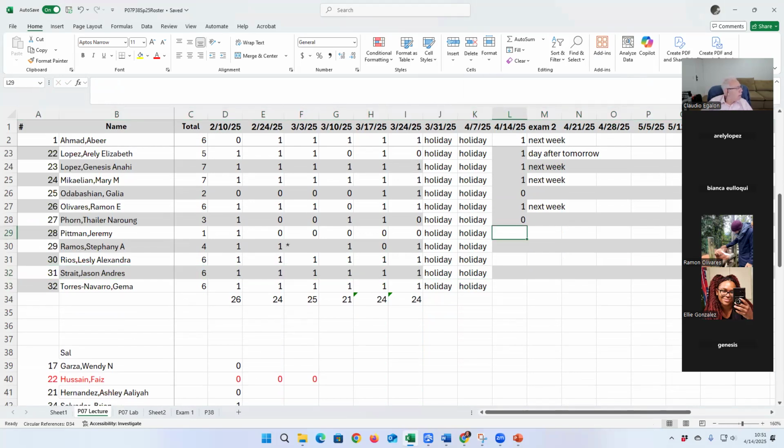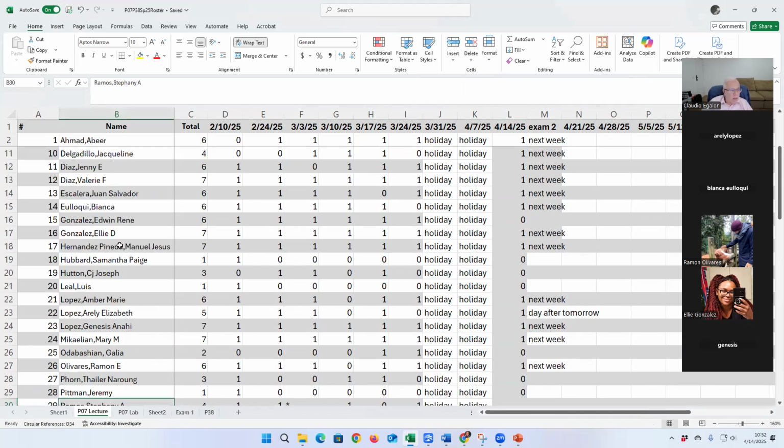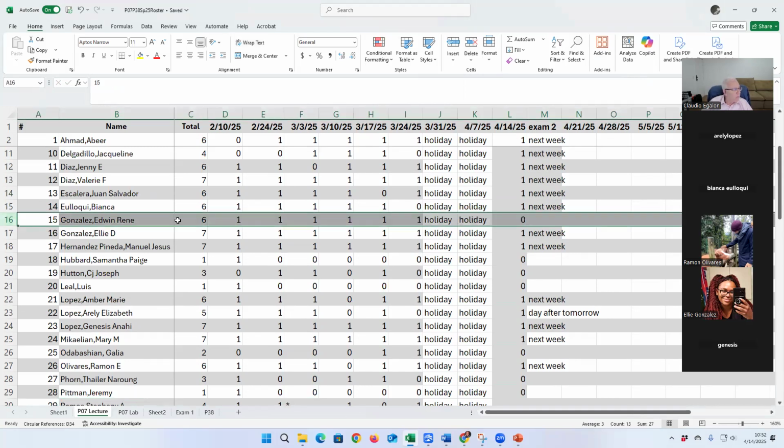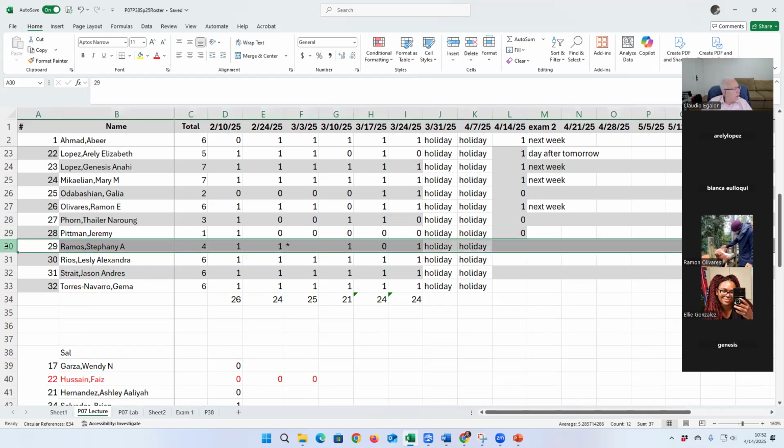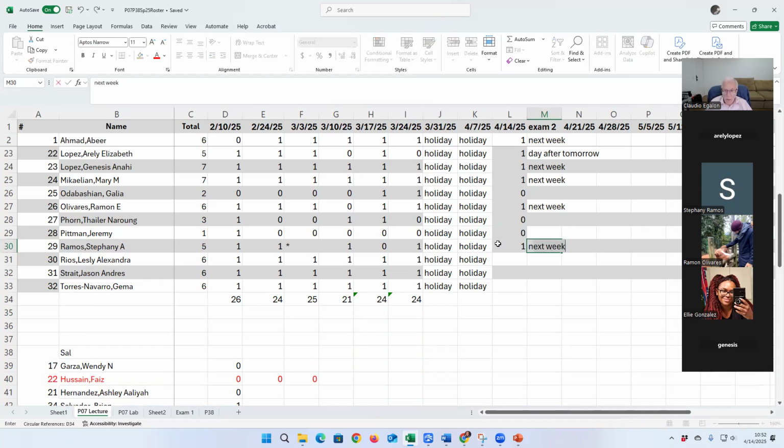Jeremy Pittman. I don't see Jeremy here. Edwin, right? Edwin, what's your last name? Edwin Gonzalez, right? Yeah, Edwin Gonzalez. Okay. Do you prefer the exam next week or the day after tomorrow? Next week, okay. Stephanie Ramos. I'm here. And if we could do it next week. Next week, okay. Leslie Rios.